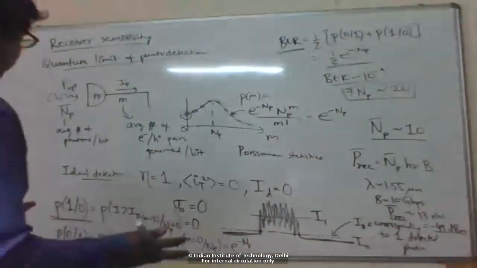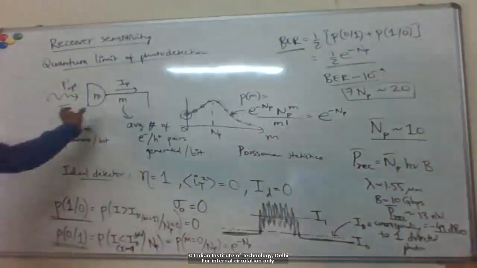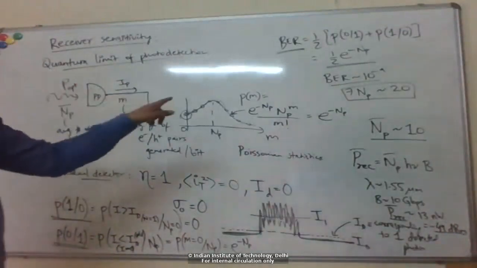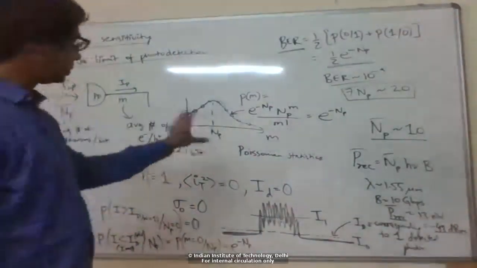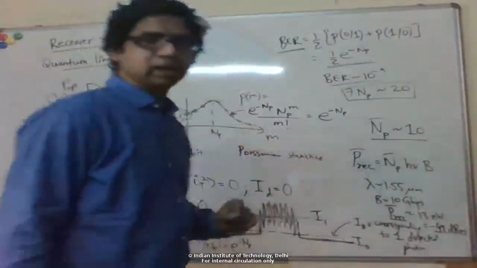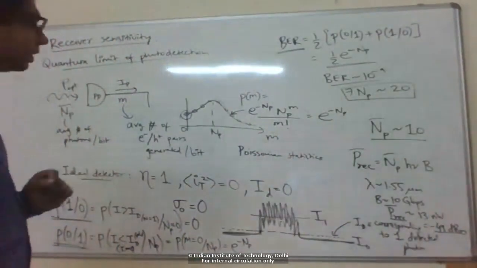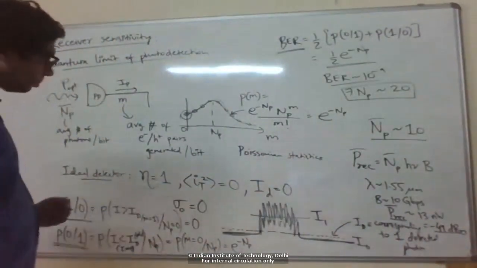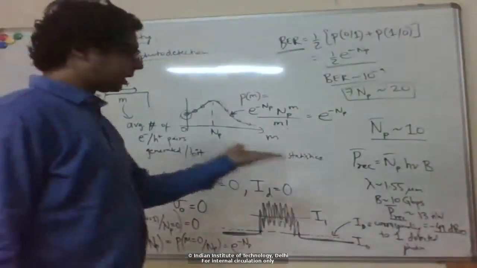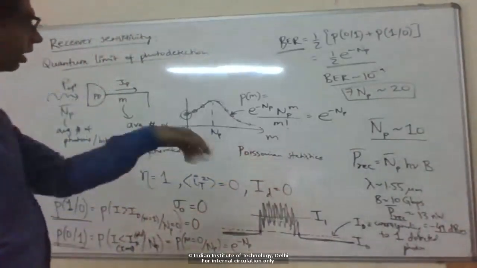So these other noise sources, apart from the receiver, will degrade your sensitivity. The sensitivity discussions that we are doing are just from the noise introduced at the receiver. But if you include some other extra noise sources, that would degrade your sensitivity.